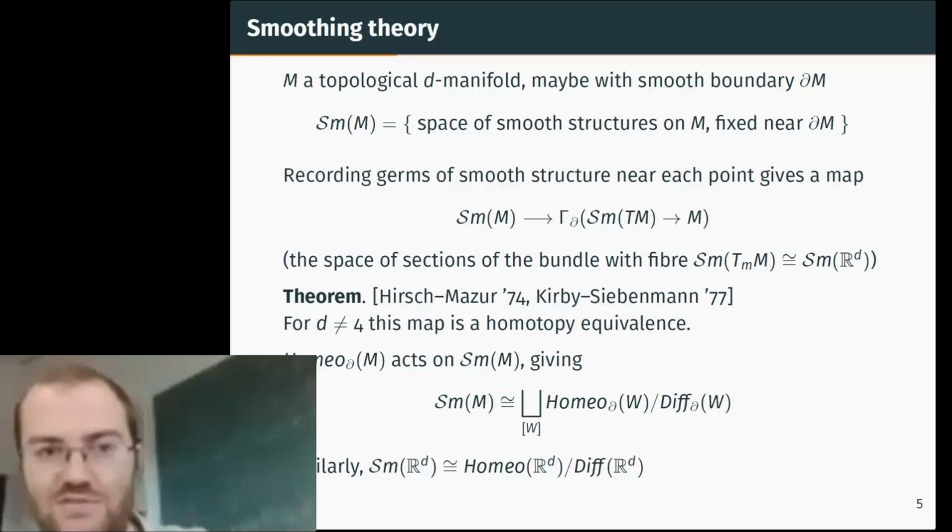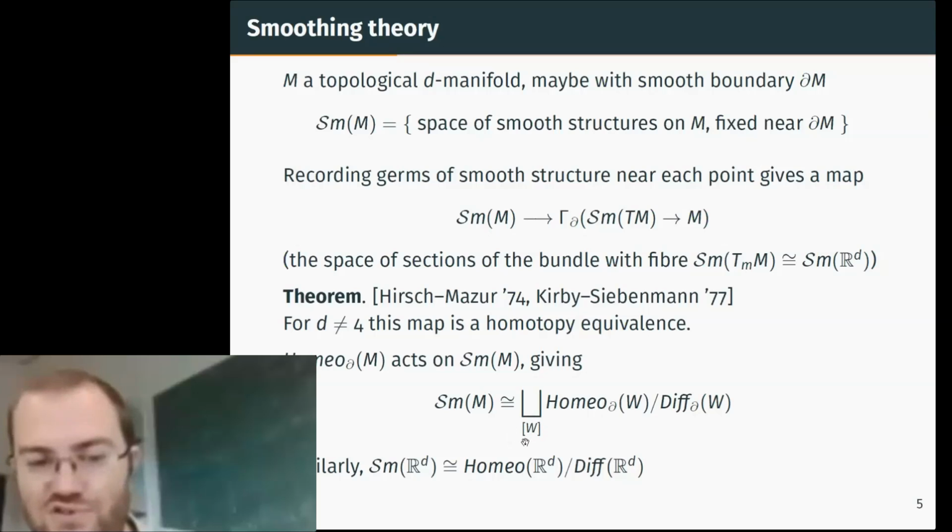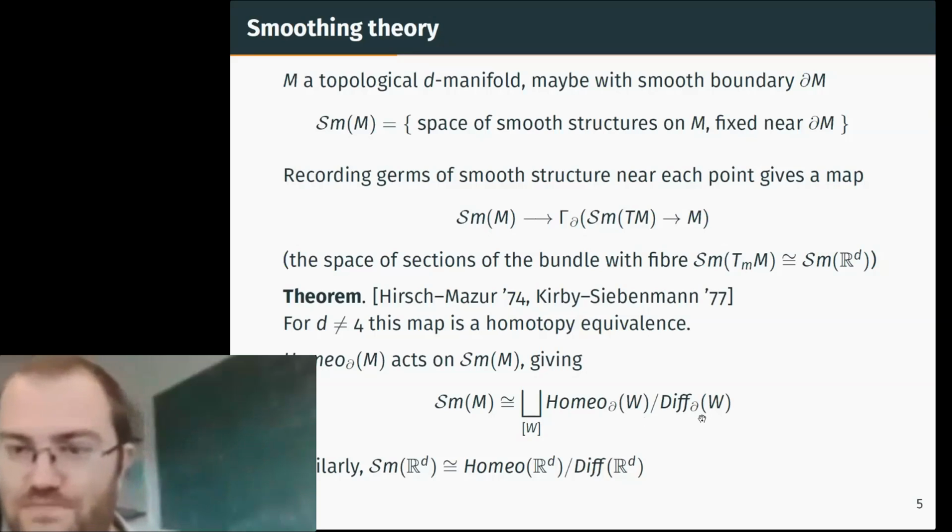Because each element of S(M) is a smooth structure, and if there's a homeomorphism that takes one to the other, that means that they're the same smooth structure. This decomposes as the disjoint union over diffeomorphism types of smooth structure on M, of the quotient of homeomorphisms by the stabilizer of a smooth structure, which is the diffeomorphism group of M.